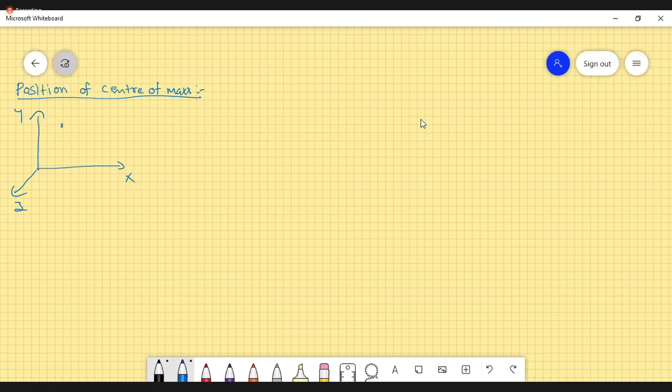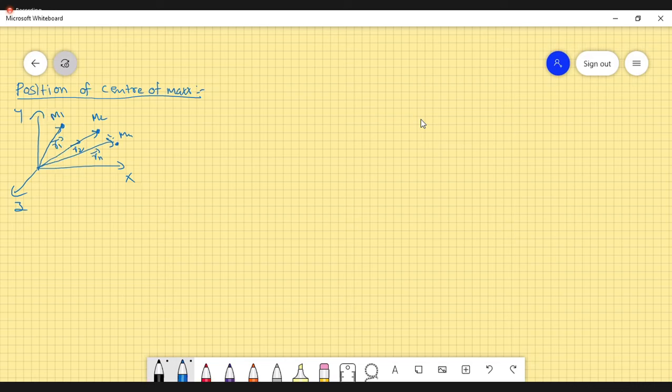So this is one particle; its mass is m1 and its position vector is r1. Let us consider m2 with position vector r2. Like this, we consider a number of particles, and the nth has mass mn and position vector rn. In terms of position, we are considering this.